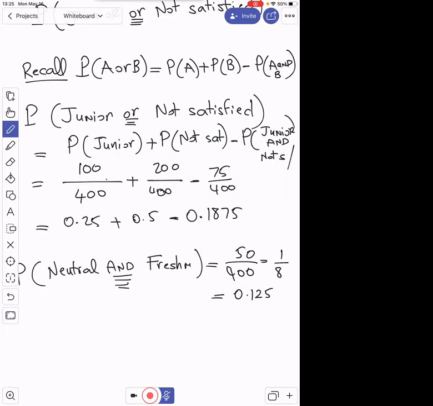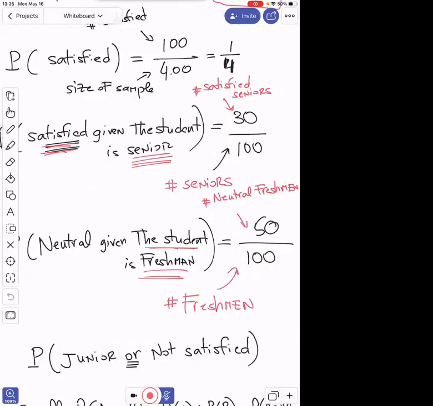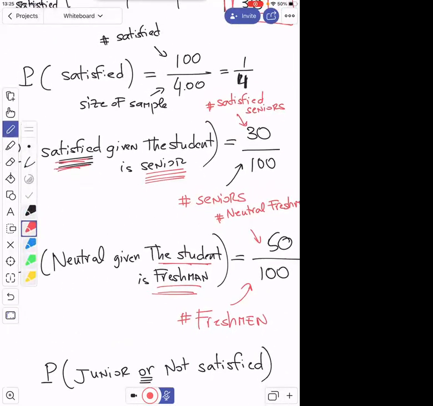But anyway, guys, just be careful when you have this word given. You need to be careful with the denominator. When you have given, the denominator is the total number of the given students. For example, given the student is senior, the denominator would be the total number of seniors.